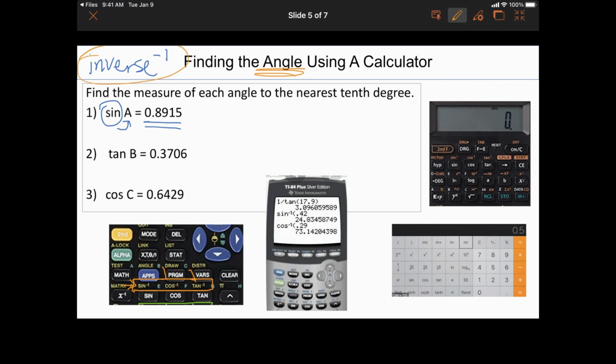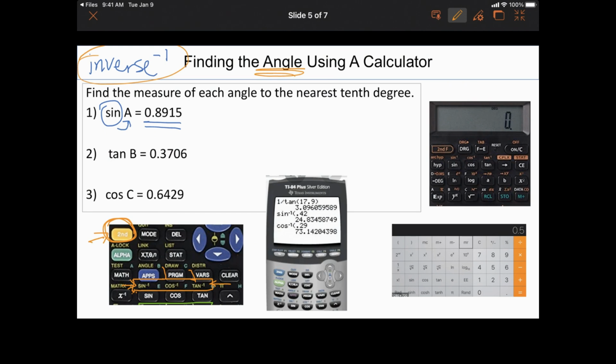And to access the inverses, you can see it's a different color right above the buttons. So it's saying, hey, use a button that's that color. Over here, which button? That's our second button. So to find the angles for this particular calculator, you have to hit second first, then whatever trig function you want, and then the numbers.